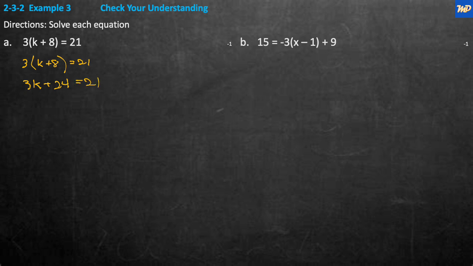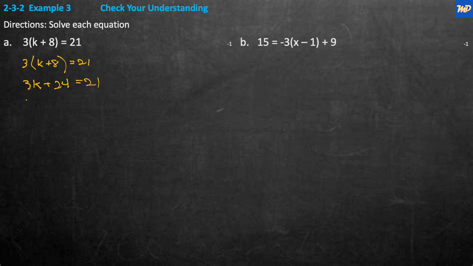Okay, so 3k plus 24, we're going to move the 24 to the right side of the equation to get the 3k by itself on the left side.